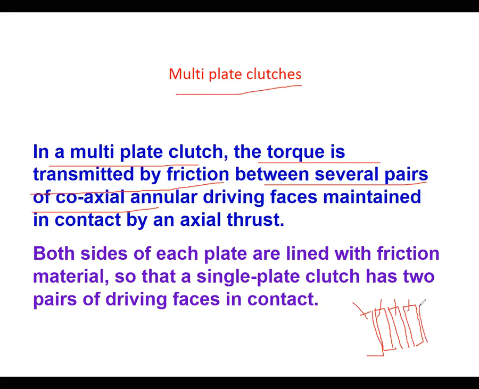And I'm going to add one more frictional surface, then one more clutch plate. Likewise, when we keep on increasing clutch plates, it is a multi-plate clutch. If we keep on increasing the clutch plates, we have to add frictional surfaces also.